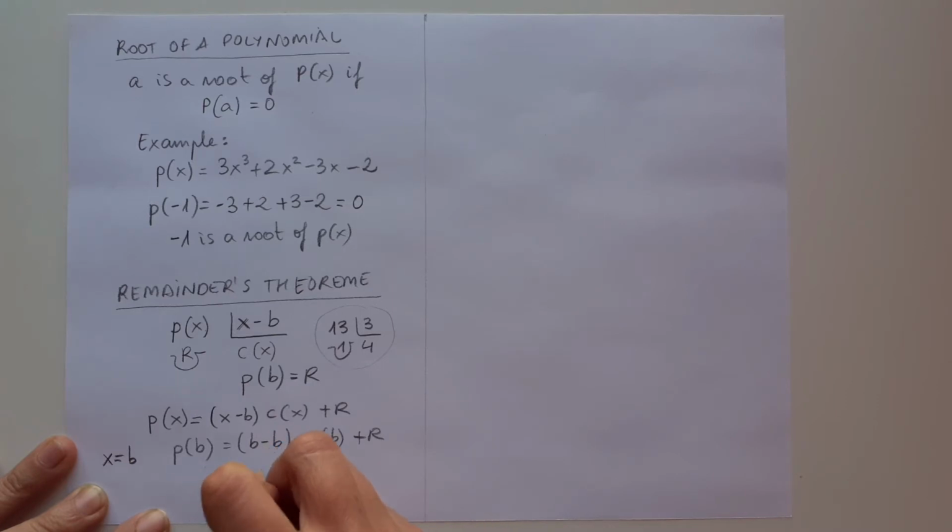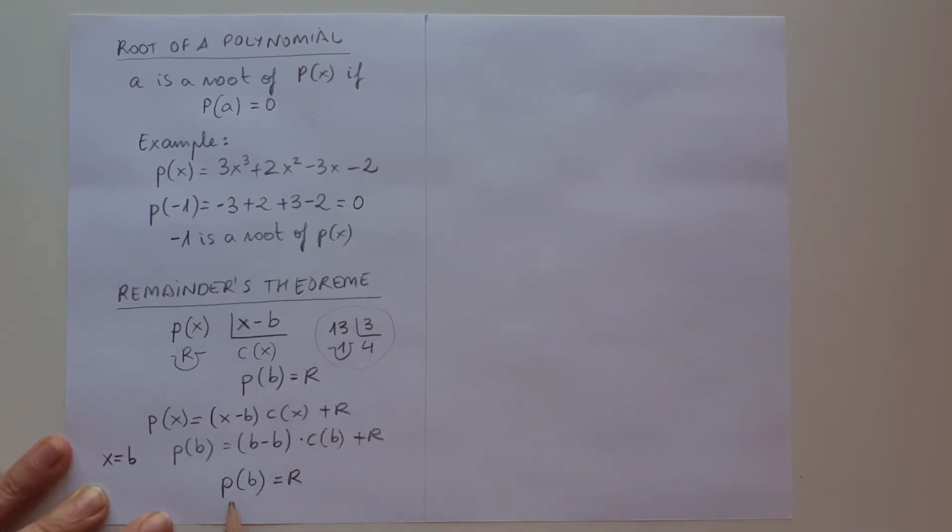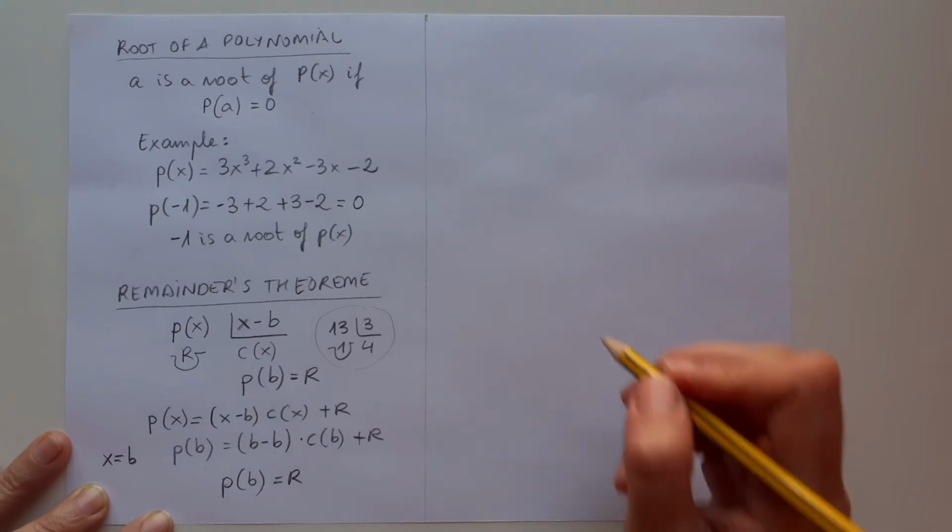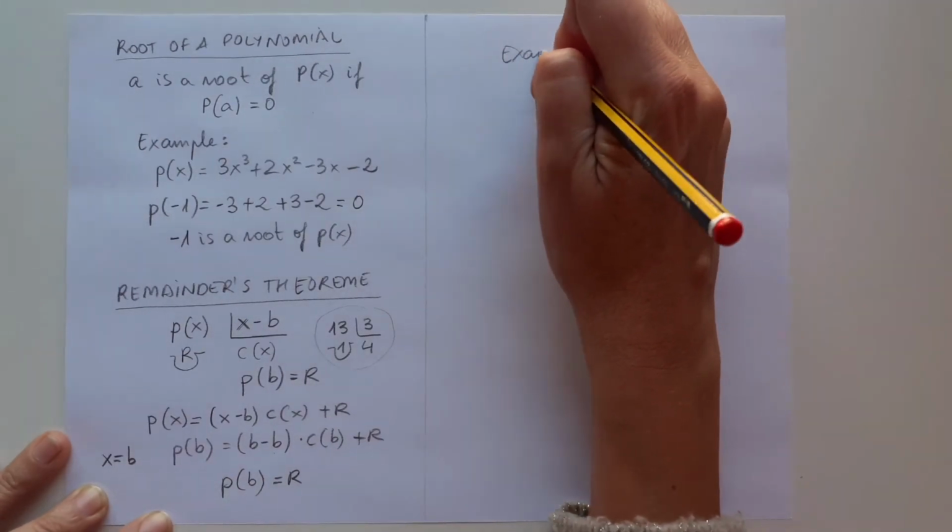So we obtain the remainder theorem that says that if we substitute b in a polynomial, we obtain the remainder of dividing that polynomial by x minus b, the number. All right? Let's work with an example.